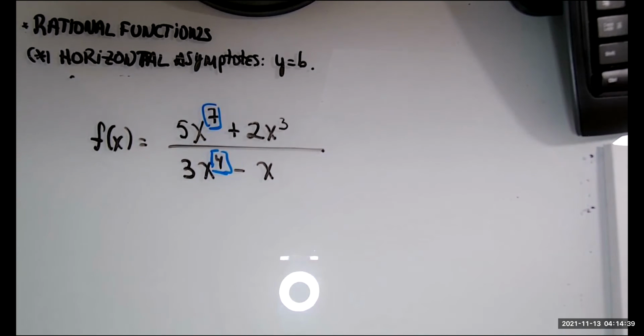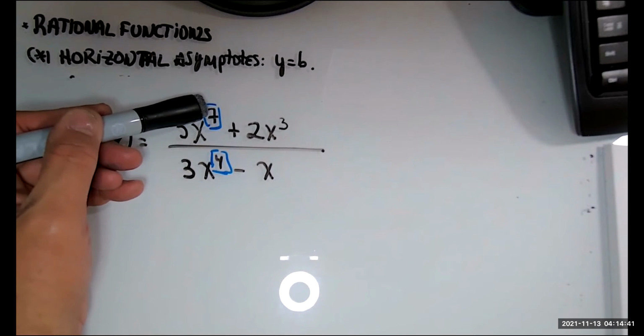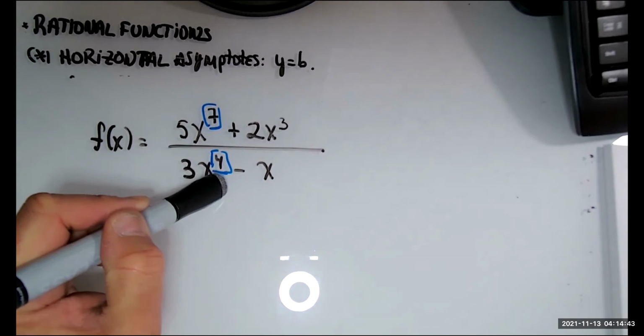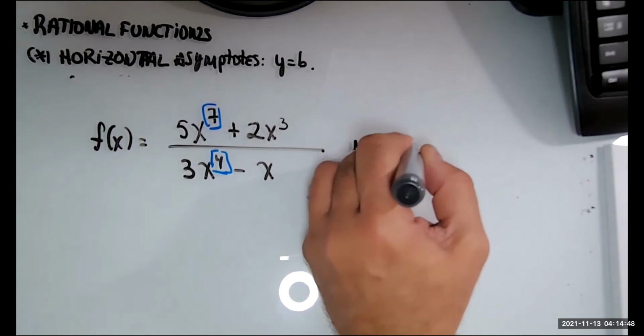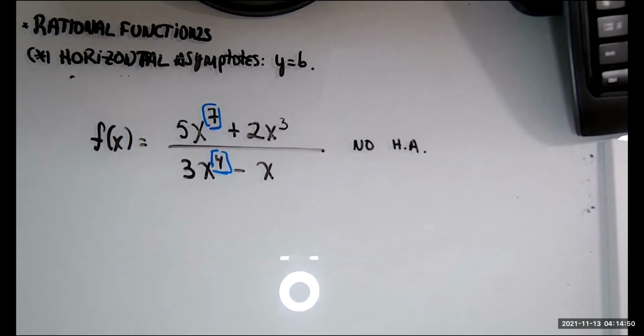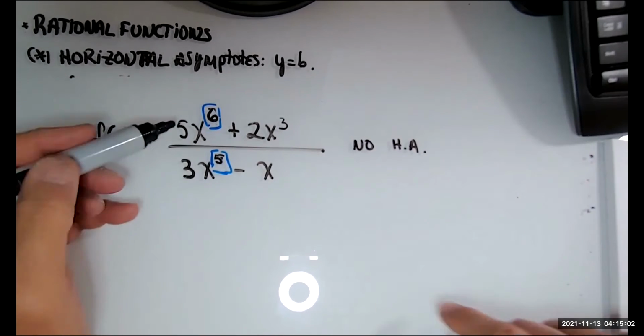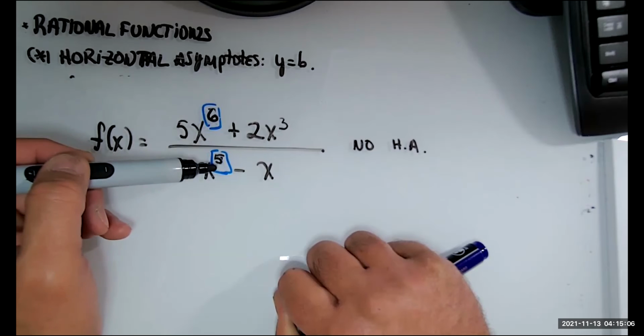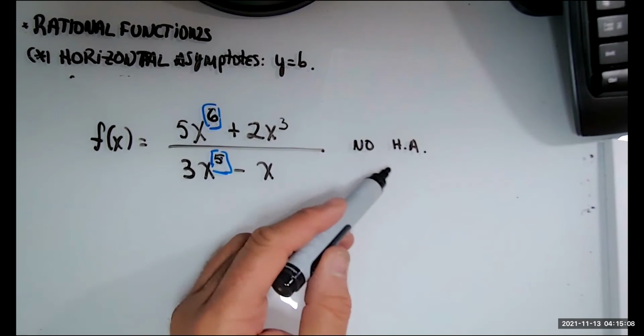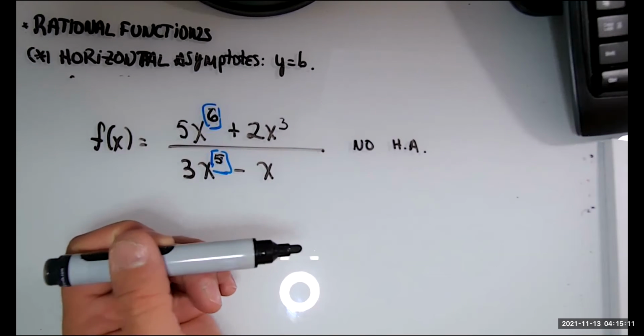What can I conclude? Well, in this case, since the degree 7 is higher than the degree of the denominator, 4, we simply say that this one has no horizontal asymptote. What if this was 6? Same thing. What if this was 5? Still the same rule applies: the degree of the numerator is higher than the degree of the denominator, so this one will have no horizontal asymptote.